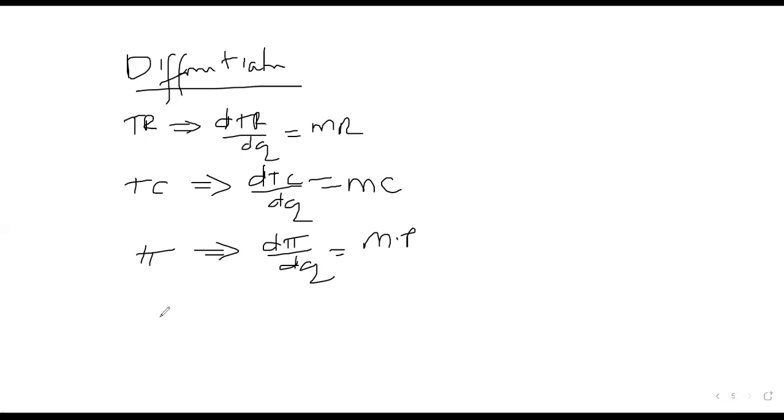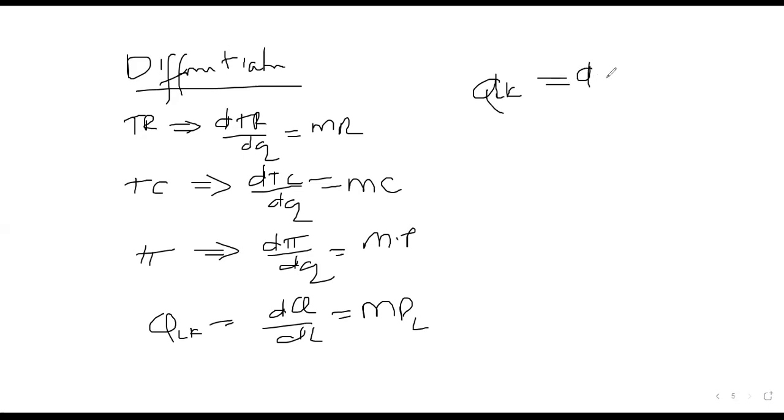If you are differentiating output, Q, there's labor and capital involved. So the Q over the labor, we call this the marginal product of what? Labor. So since we have Q and labor, we can differentiate again, the Q over the capital. This is the marginal product of what? Capital. Okay.